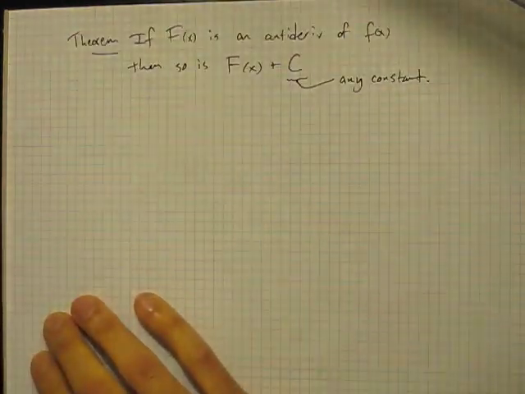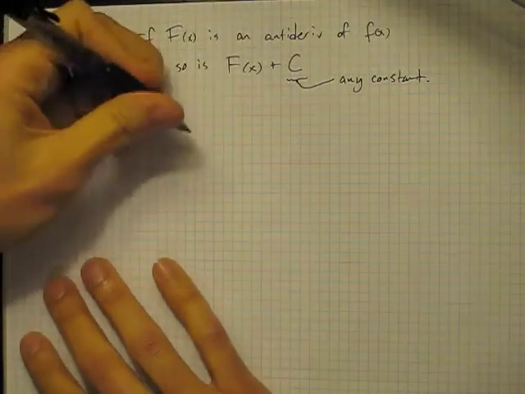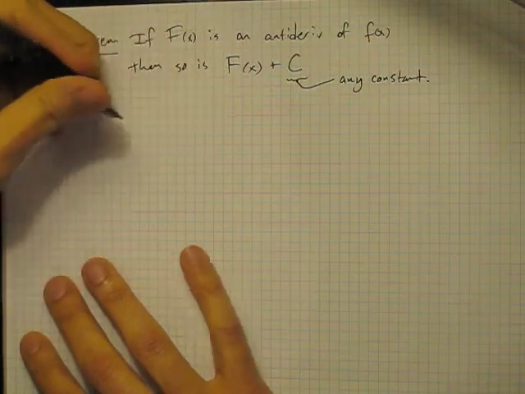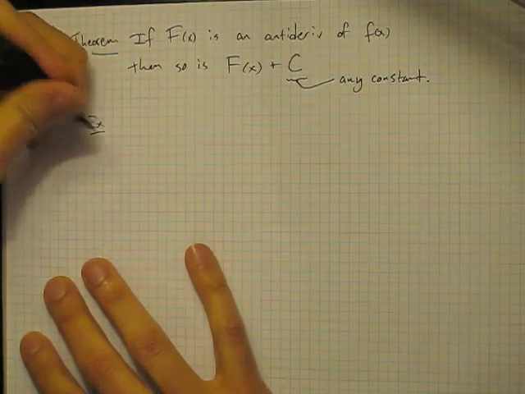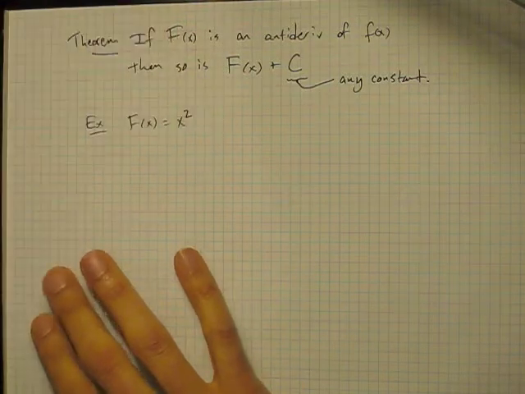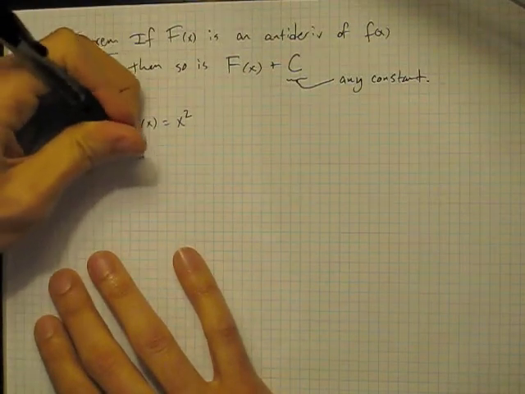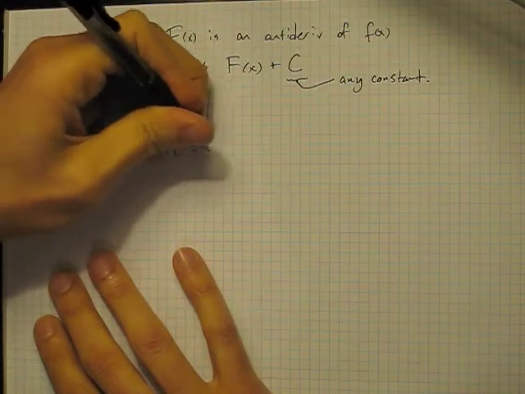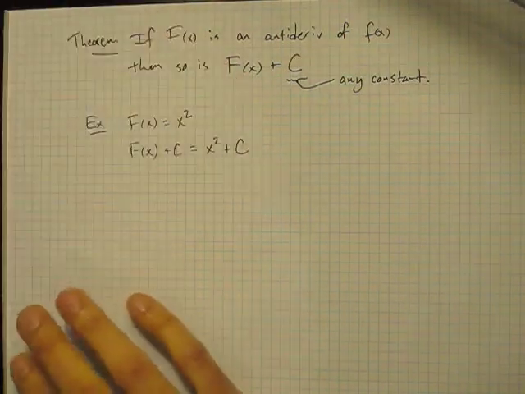Okay, and if we go back to that example there, F of x is equal to x squared, then F of x plus c is just x squared plus any constant.